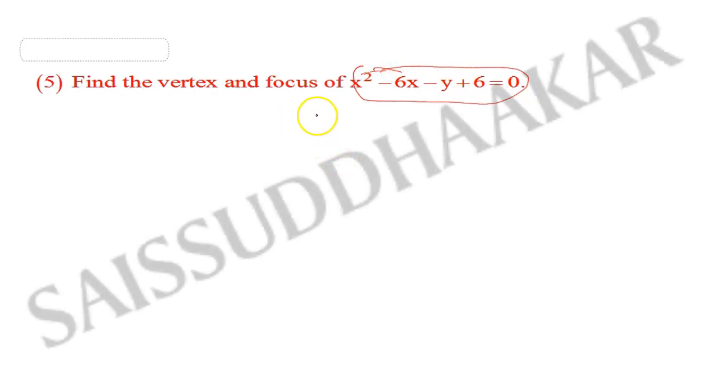The question is x square minus 6x minus 6y plus 6 is equal to 0. This is the actual question.